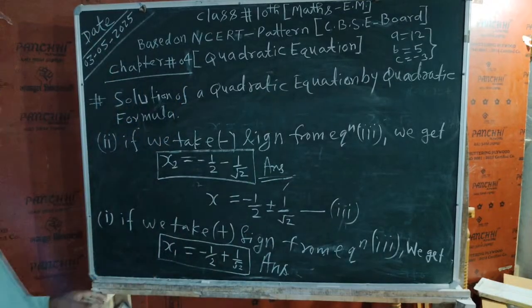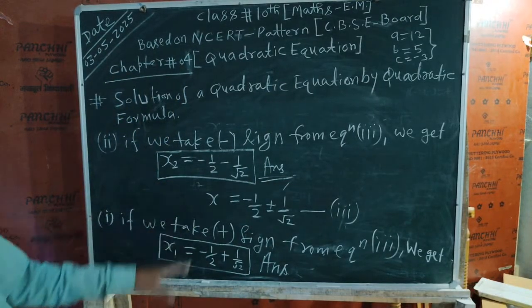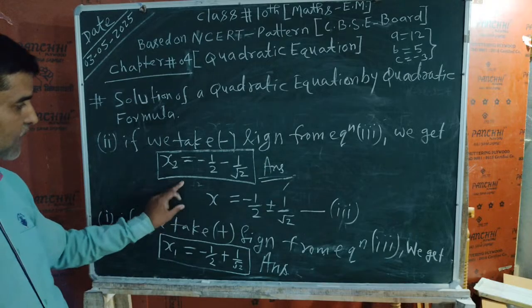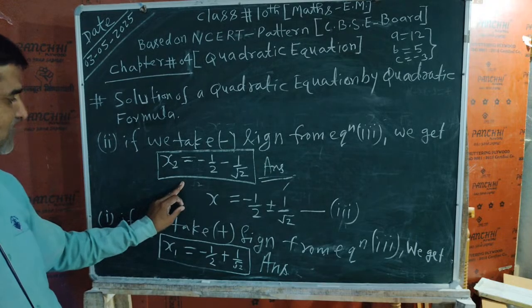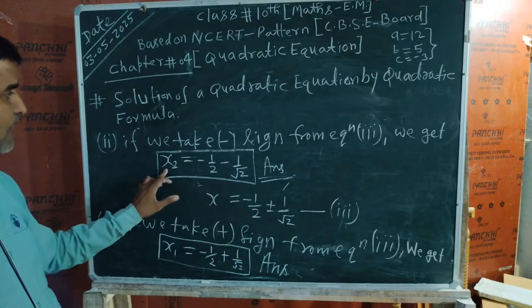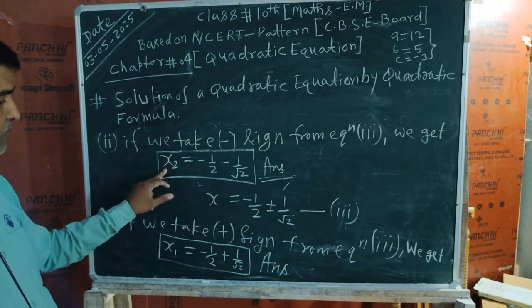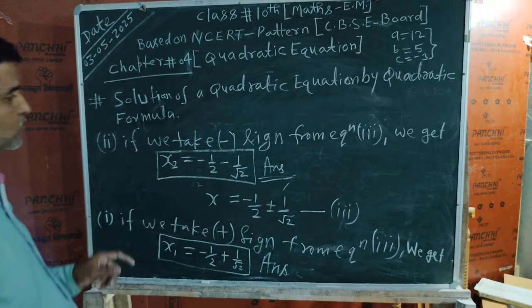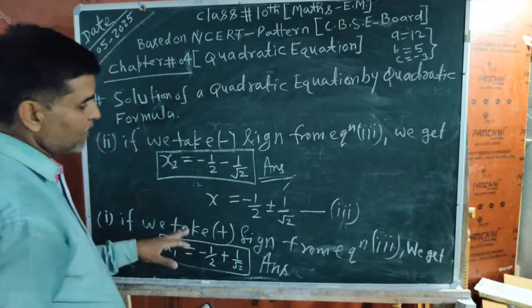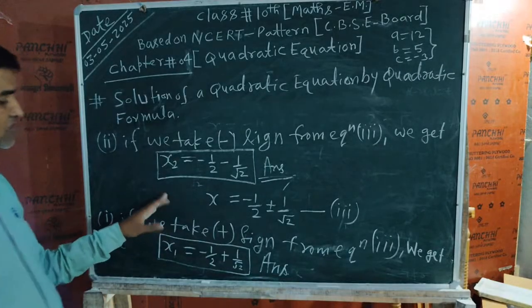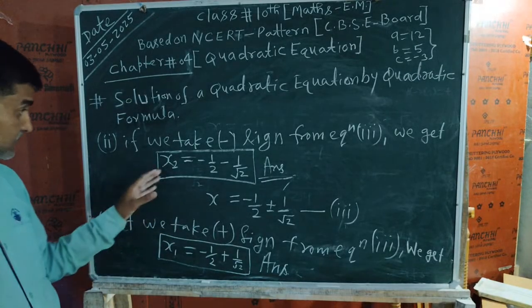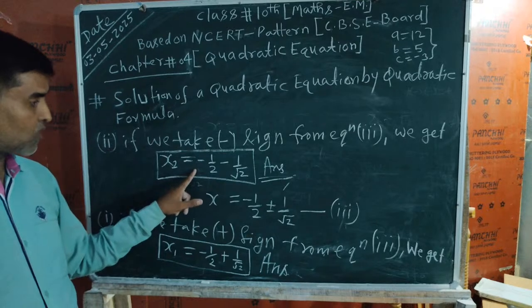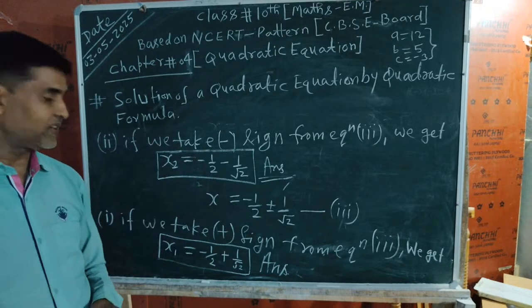Now both answers I am going to write at one place. After writing at one place, I will say that these values are the roots of the given particular quadratic equation. Okay, student. So after combining, I will write one statement. That statement will be like this: these are the roots of the given particular quadratic equation.